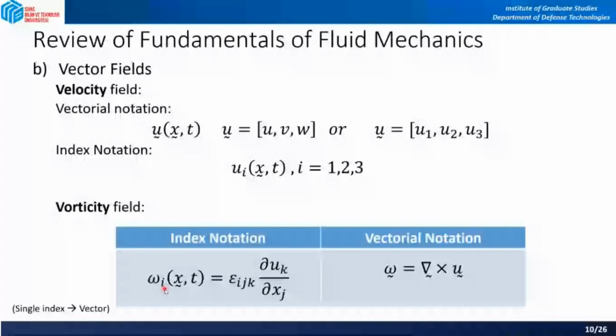First of all, on the left hand side you see a single index for omega, so directly you say that it is a vector. You see two more indices, j and k. These are not present at the left hand side, right? j and k are at the right hand side of this equation.